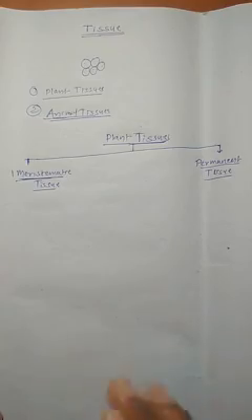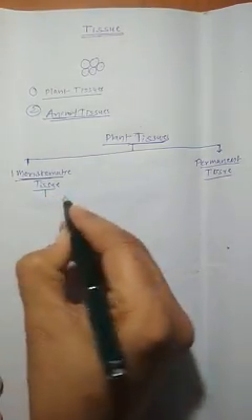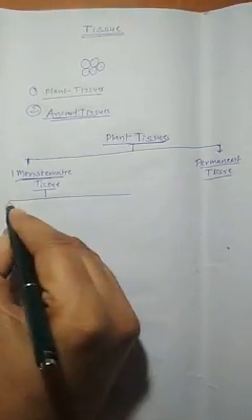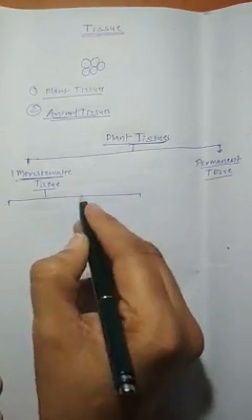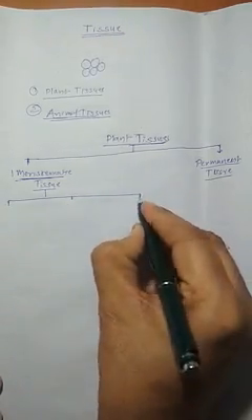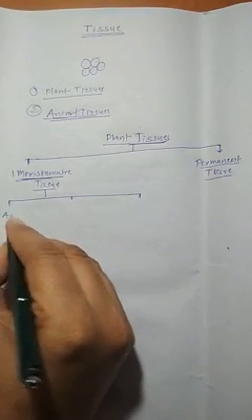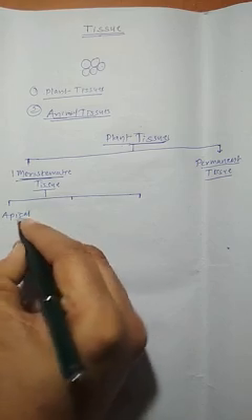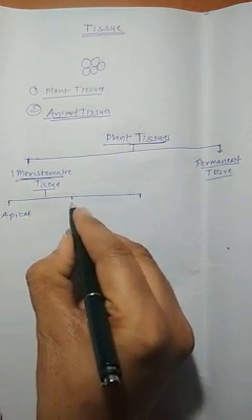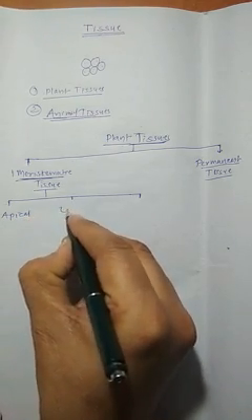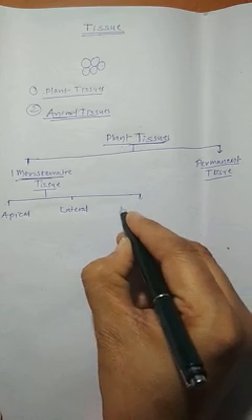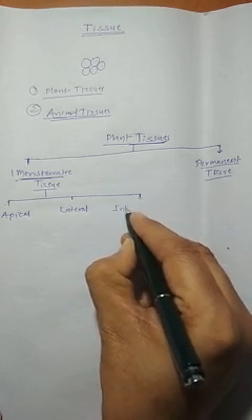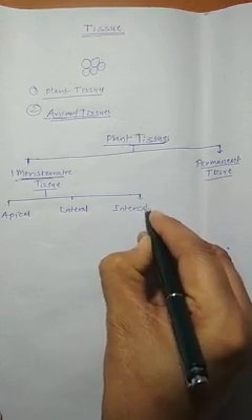Meristematic tissue is also subdivided into three main groups. Number one, apical meristematic tissue. Number two, lateral. Number three, intercalary.